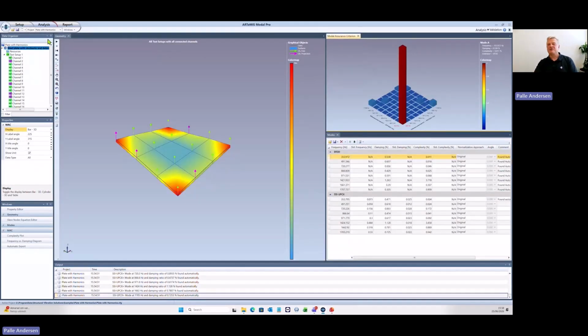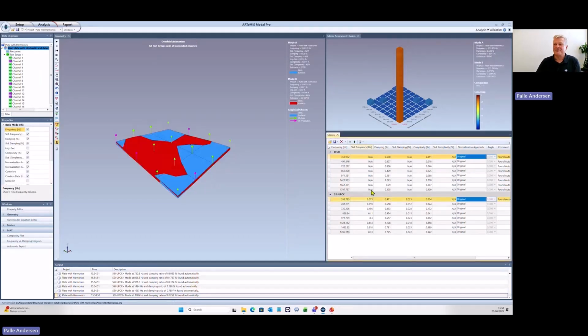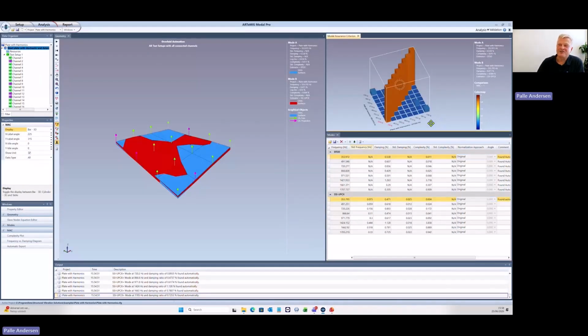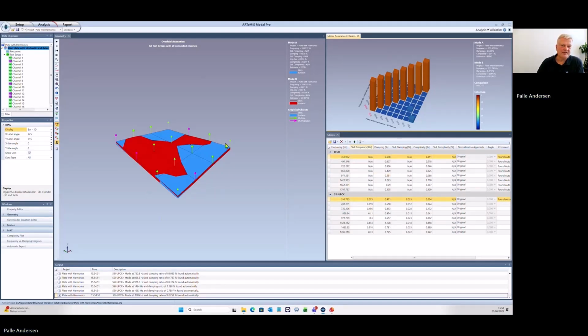And when you have these parallel tools, you can also now do a kind of a validation, because you have multiple results of the same mode. And here I'm comparing the first mode of EFDD with SSI. Here we can see overlaid animation of the mode shapes of this mode.